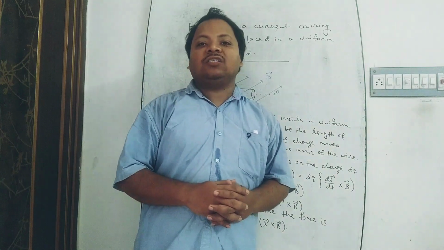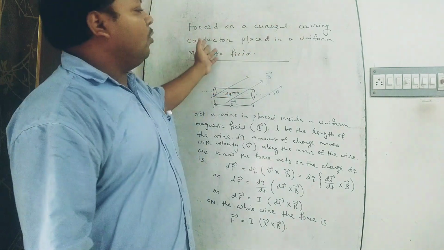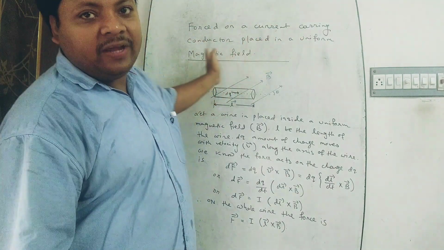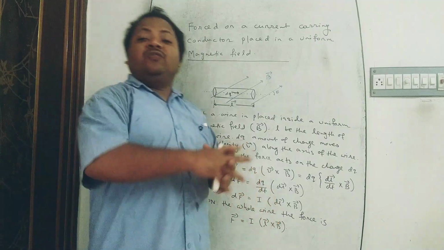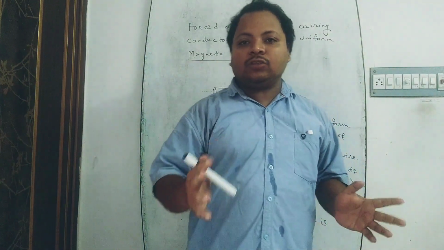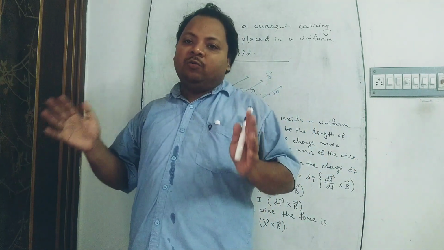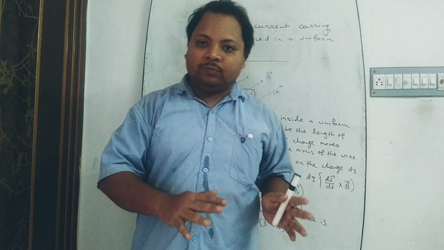Today I am going to discuss the force on a current carrying conductor placed in a uniform magnetic field. In the previous video I already discussed Lorentz force, that is, the force on a charge due to a uniform magnetic field.